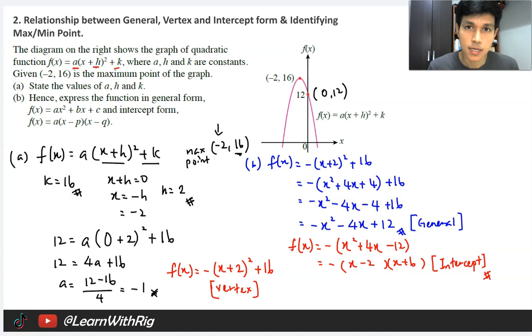If you straight away key it into the calculator, it will automatically simplify for you. So in the end, you only get this answer and you will miss out the negative. Then your answer will be incorrect. So make sure you factorize the negative out first by yourself, and only then key into your calculator, like what I did here. Factorize, then key in this part to your calculator. Then you'll get your correct answer. Clear? Alright.